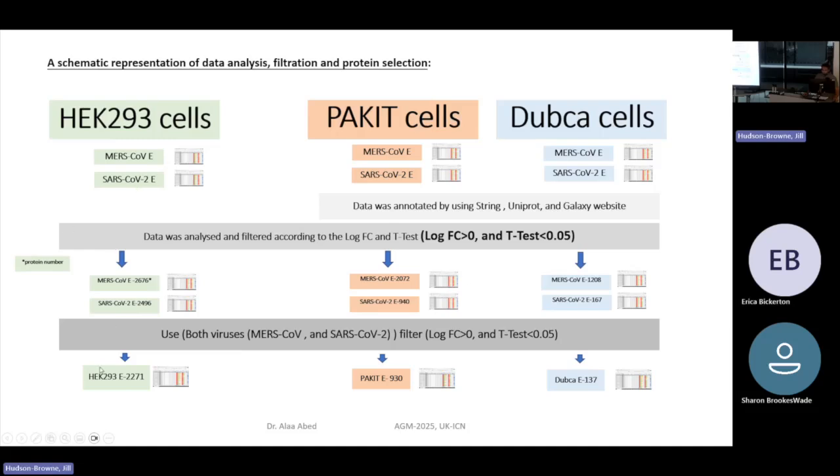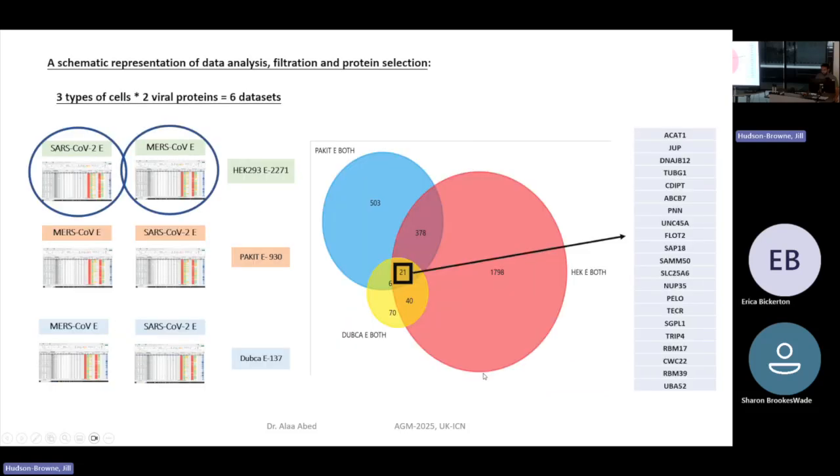So we have, for example, the HEK293 E data set that represents the shared cellular interactors for MERS E and SARS-CoV-2 E in HEK293 cells. Out of 6 data sets, we ended up with 3 data sets, one for each type of cell.